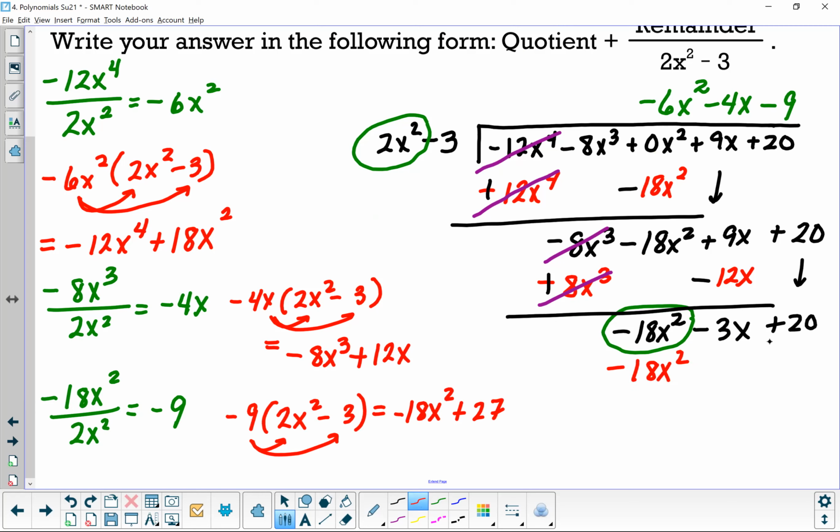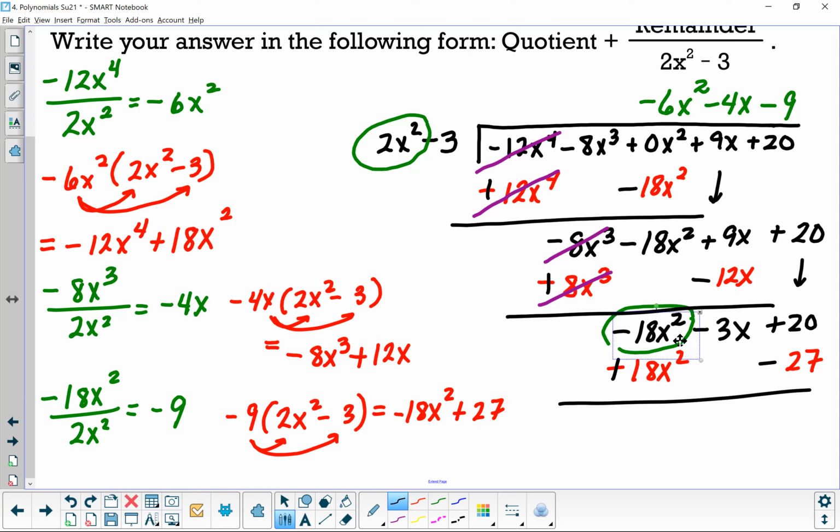All right. Placing my like terms. So when we subtract, I'm going to distribute that negative to the negative 18x squared. And the plus 27 becomes negative 27. So I don't need the parentheses and minus.